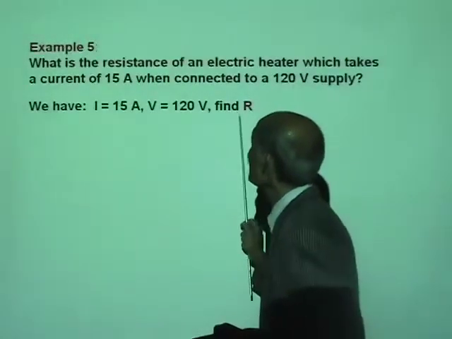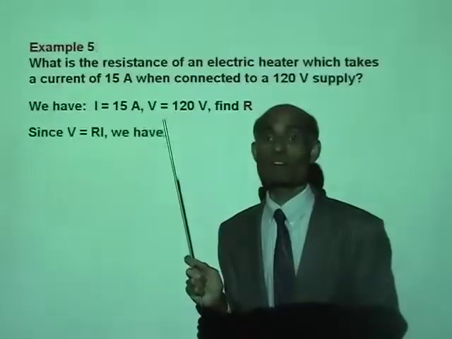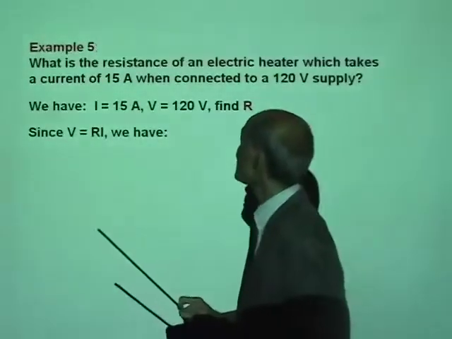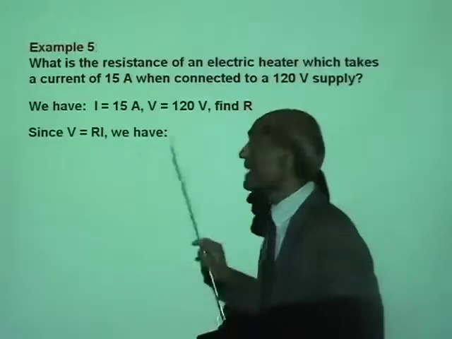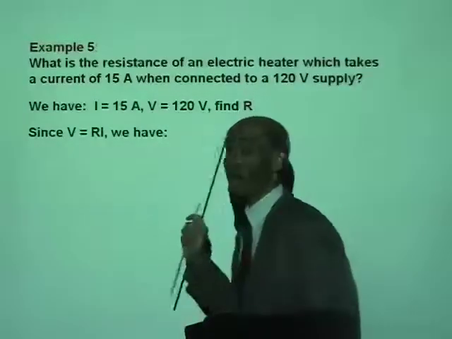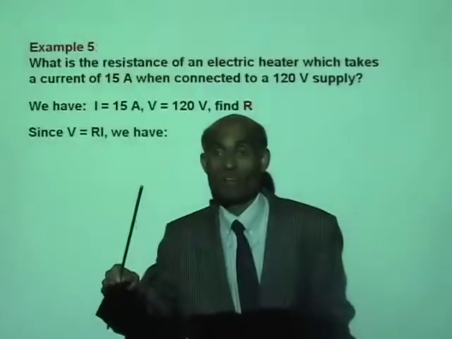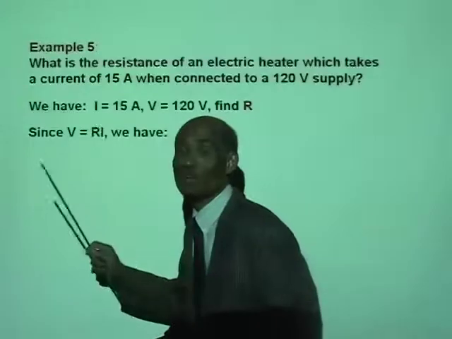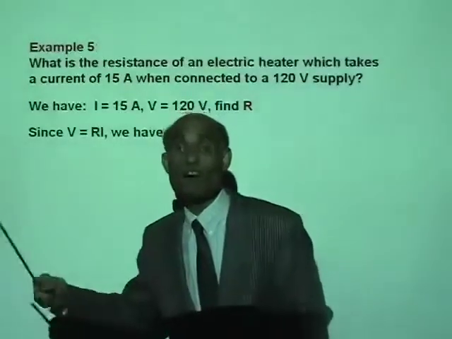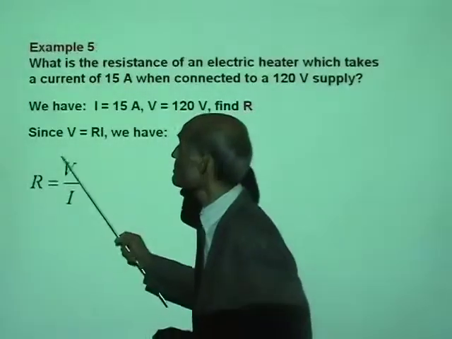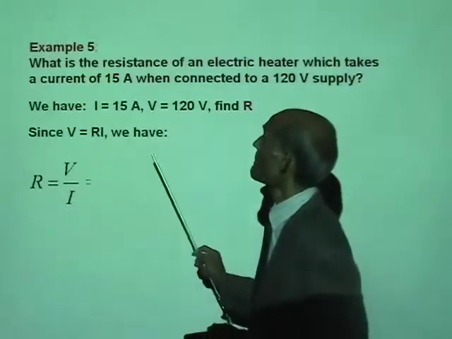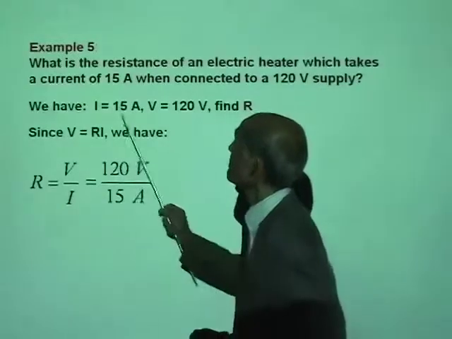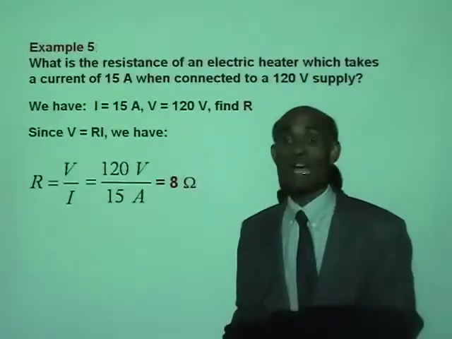We need to find the resistance R. We again start with the Ohm's law equation, V equal to IR, and we need to find the value of R. Well, that's what we did in the lab. What is R equal to? When you solve for R, we get R equal to V over I. So R equal to V over I, that will be 120 volts divided by 15 ampere, that is 8 ohm.